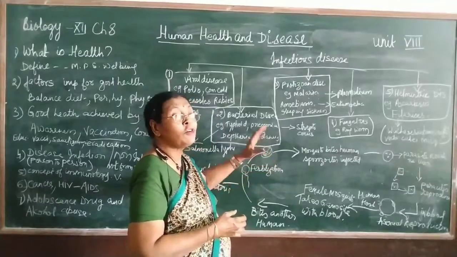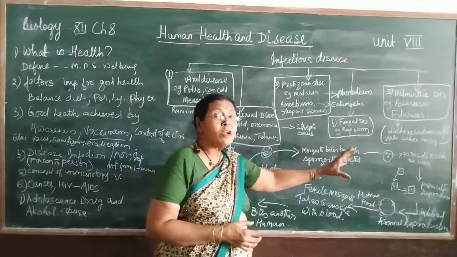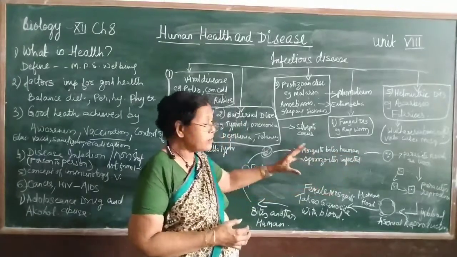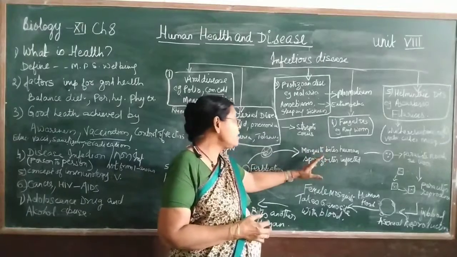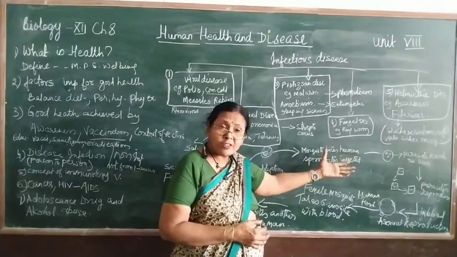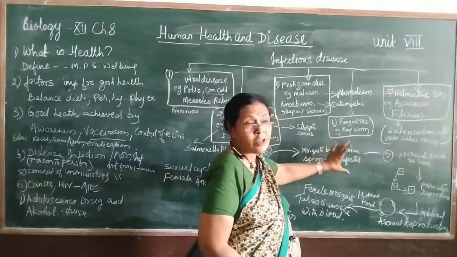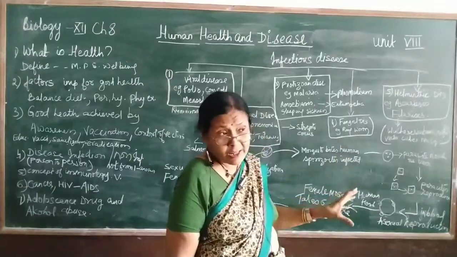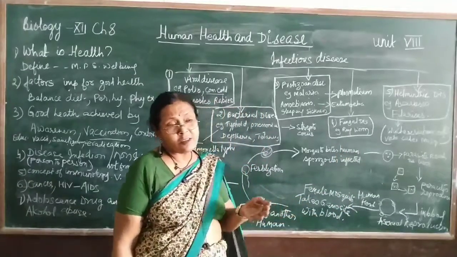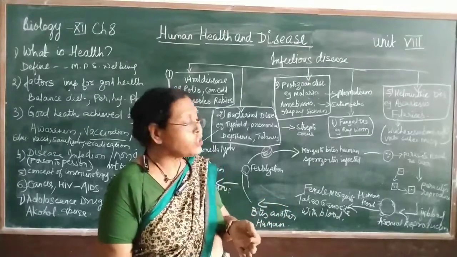And again, when this infected mosquito, who has collected the blood from the man, bites another man, then that man will be infected. So in this way, two hosts are required for the cause of the malarial disease. That is, one is the mosquito, the invertebrate, and the other the man, the vertebrate.